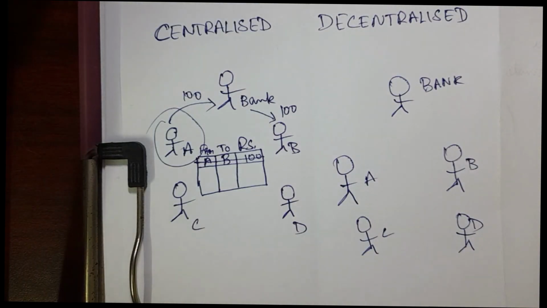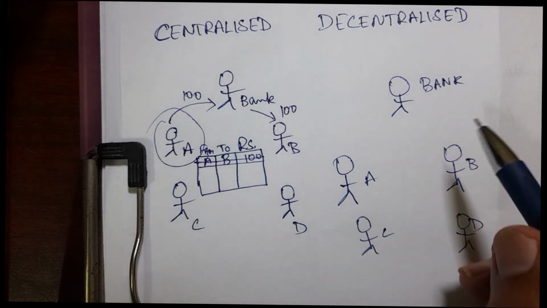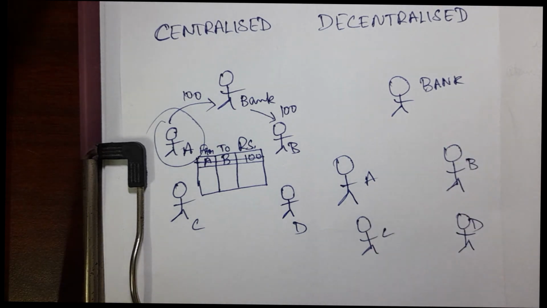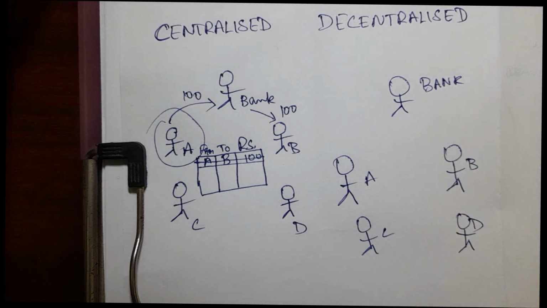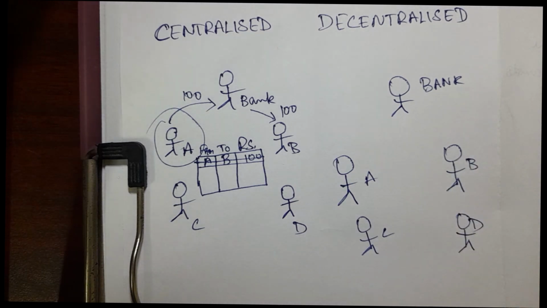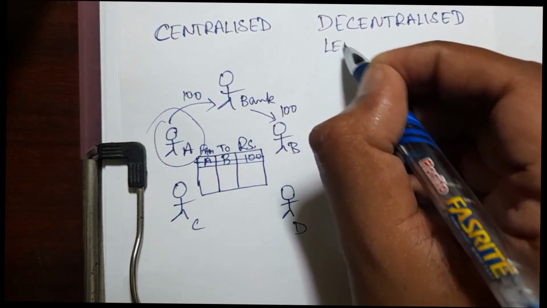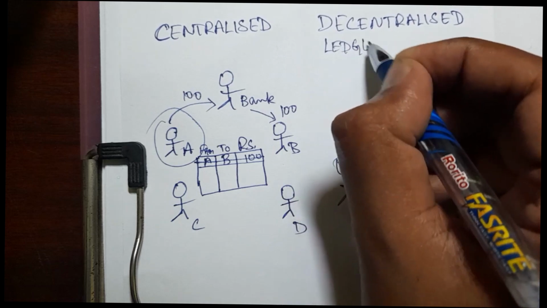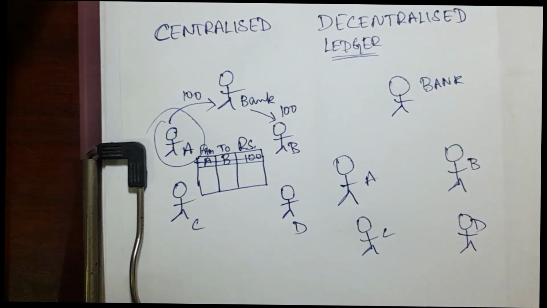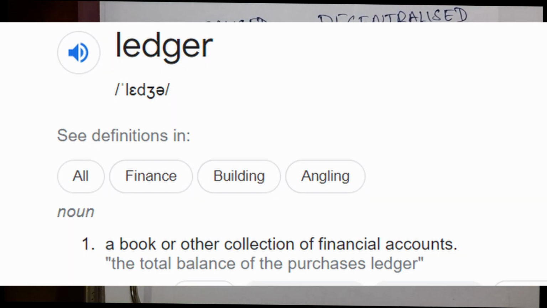Once A sends 100 rupees from A to B, there is something called a ledger. I'll just write here, there is a term called ledger. How do I tell you, it is just like a logbook basically.